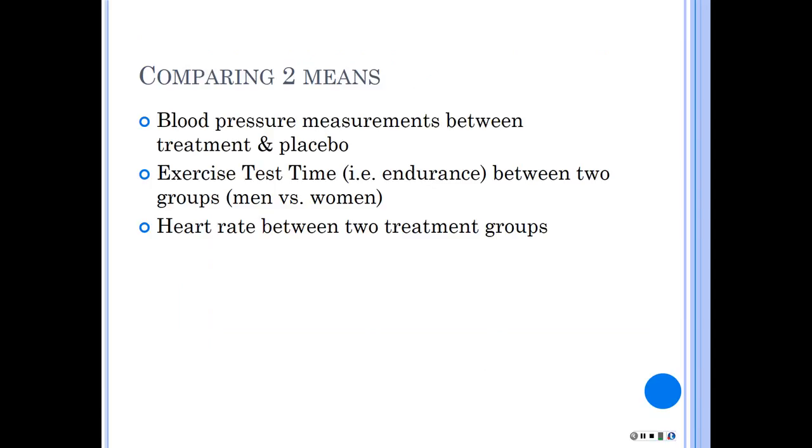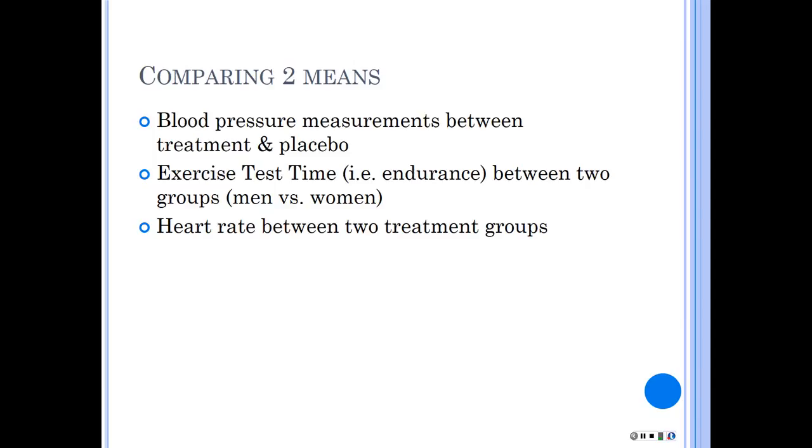So with continuous data, we are basically comparing two means. Some examples here: blood pressure measurements that you're comparing between a treatment and placebo group, or exercise time between two groups of people, maybe men versus women, or heart rate between two groups.